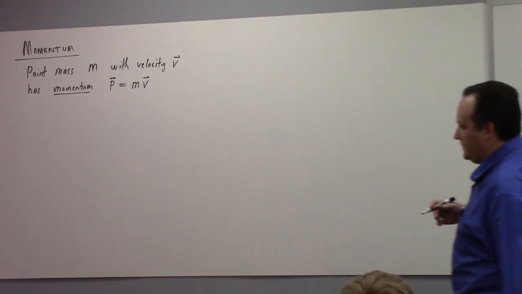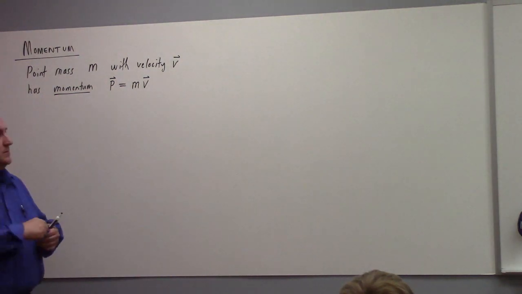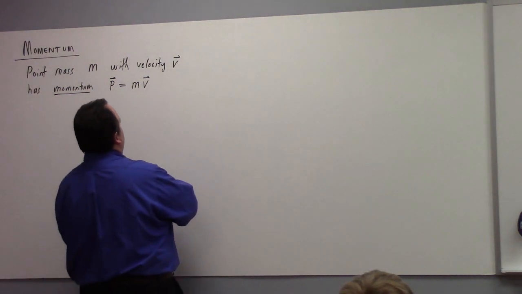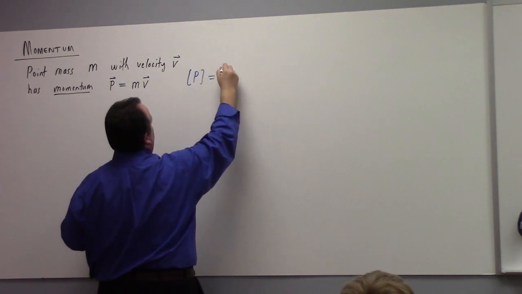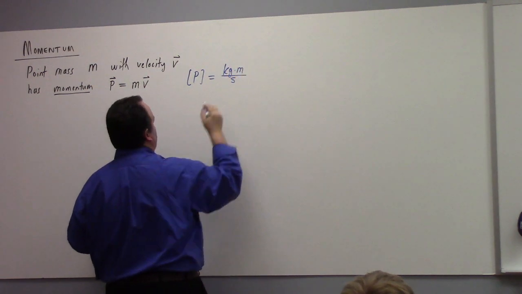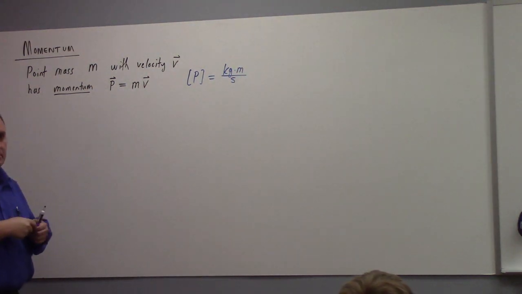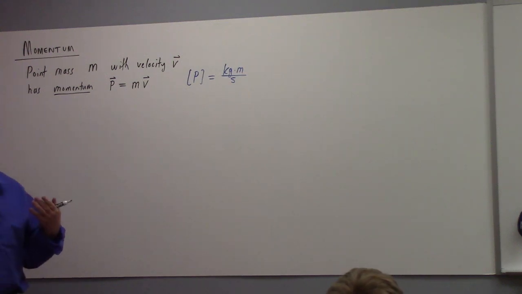Now, before I get any further, what are the units on momentum? The units on momentum are going to be kilograms times meters per second. It always kind of amuses me that we have no special word for the unit on momentum. The unit for energy, Newton meter, we also call a joule.